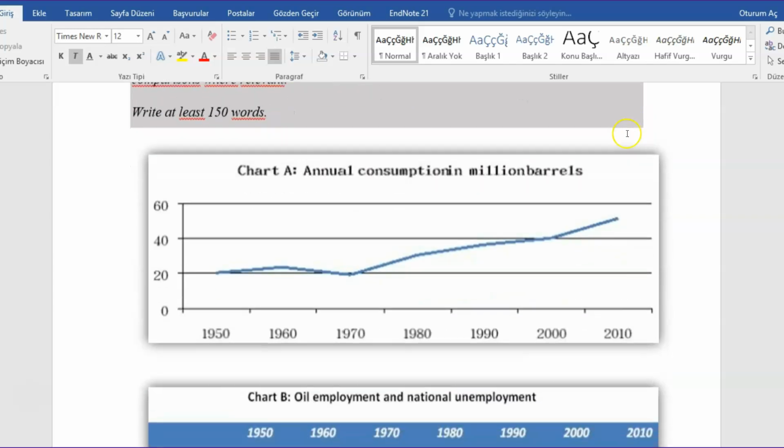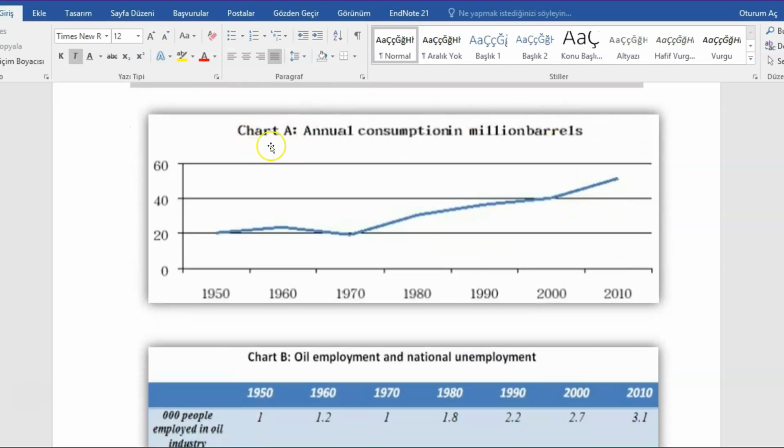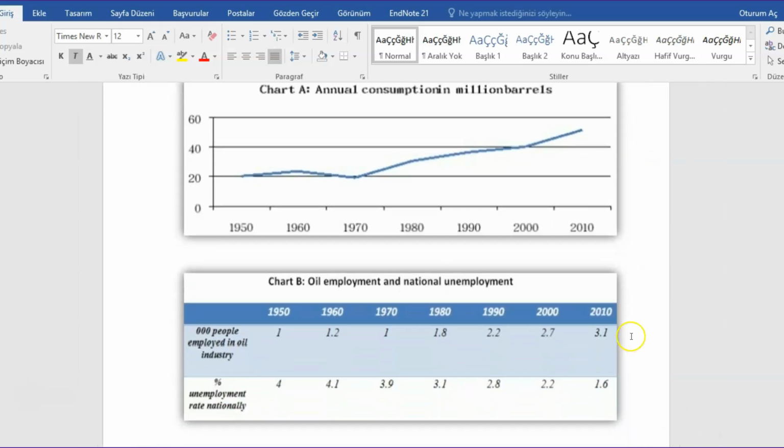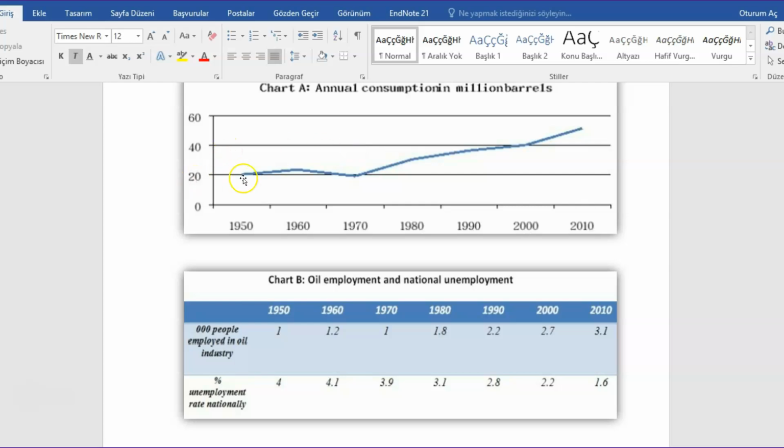Okay. In chart A, we have annual consumption use of oil, and our unit is million barrels. Pay attention that we have 1950, 1960 till 2010.